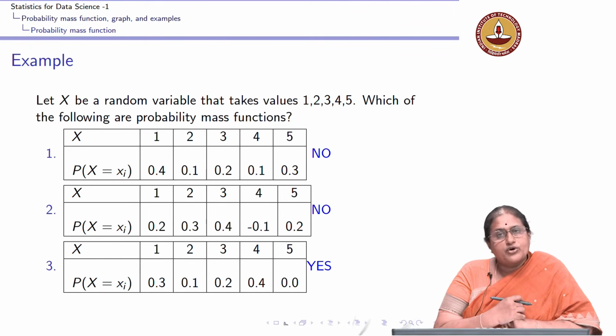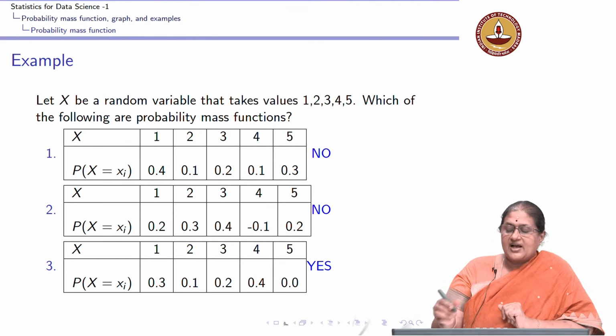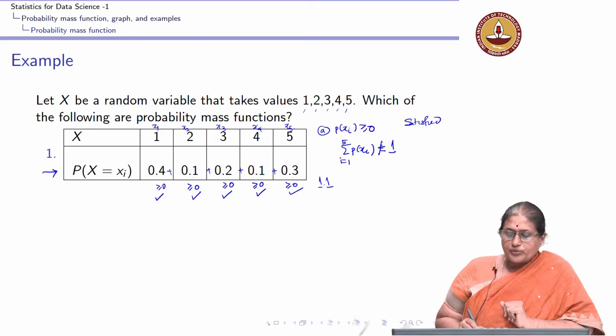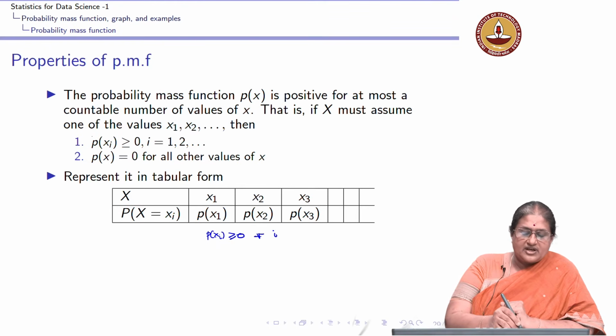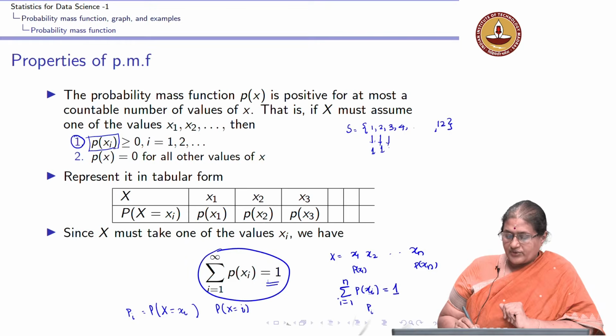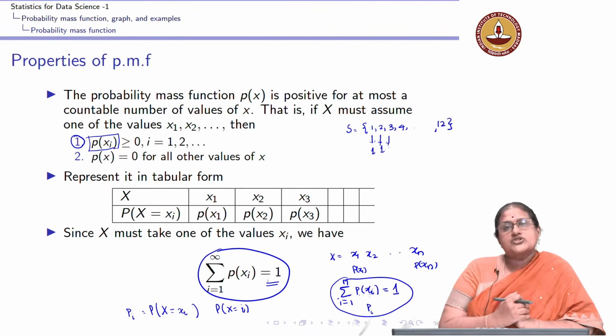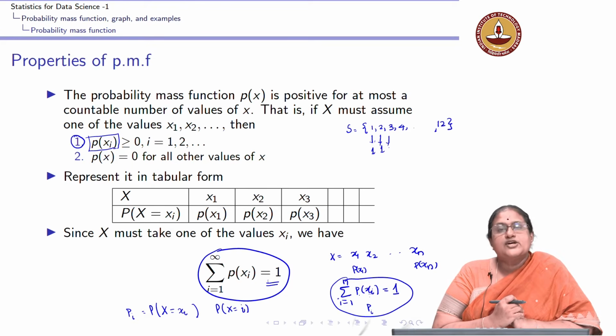If I am talking about a probability mass function, I need two properties. The first is probability of xi is greater or equal to 0. And the second is that the summation of probability of xi over all possible values of X should be equal to 1.